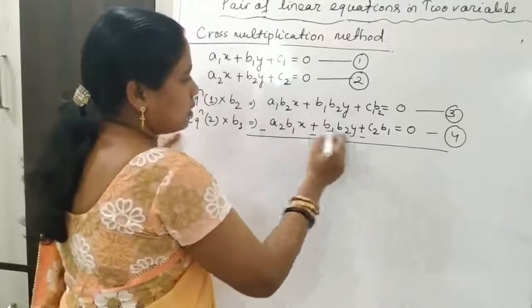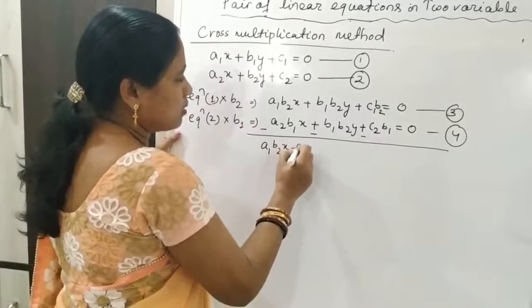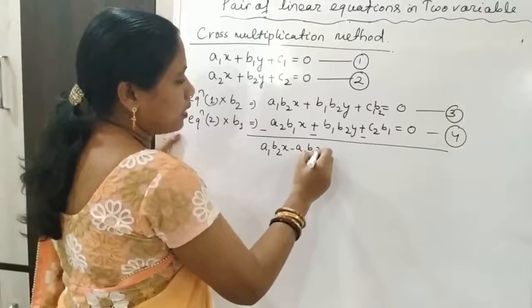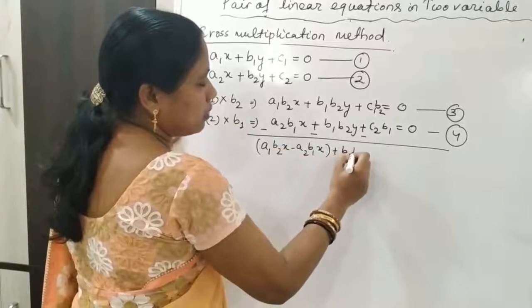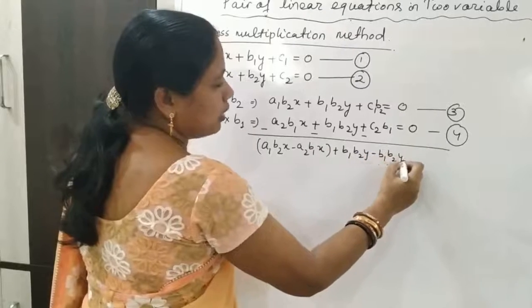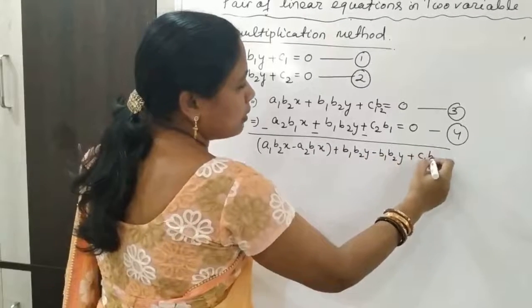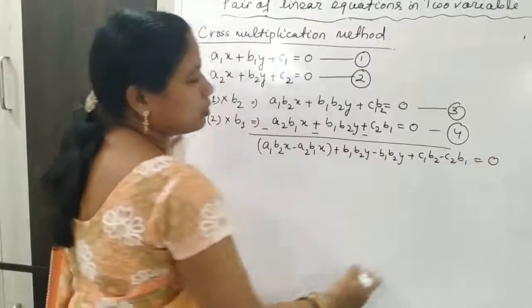So this is a1 b2x minus a2 b1x plus b1 b2y minus b1 b2y plus c1 b2 minus c2 b1 is equal to 0.